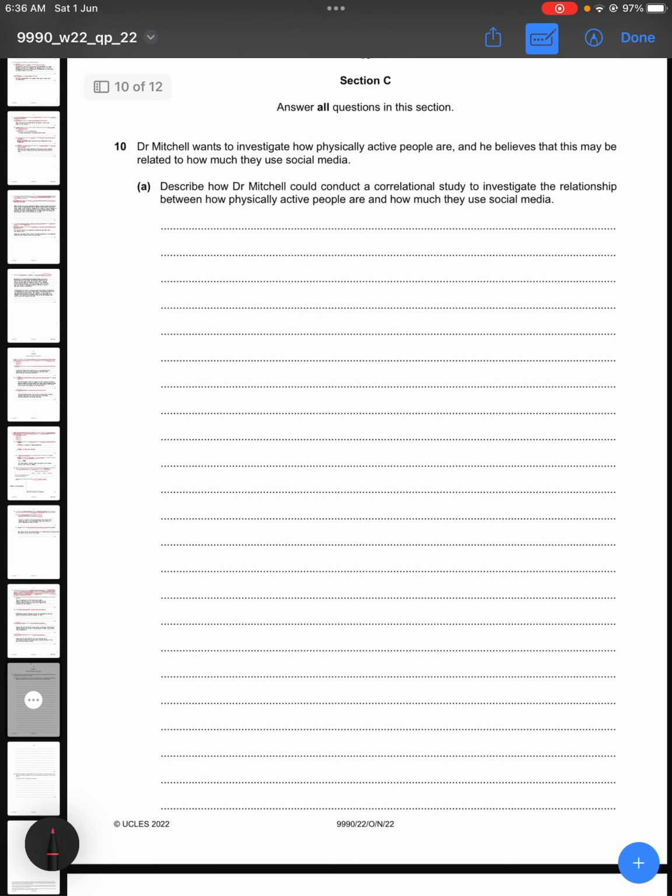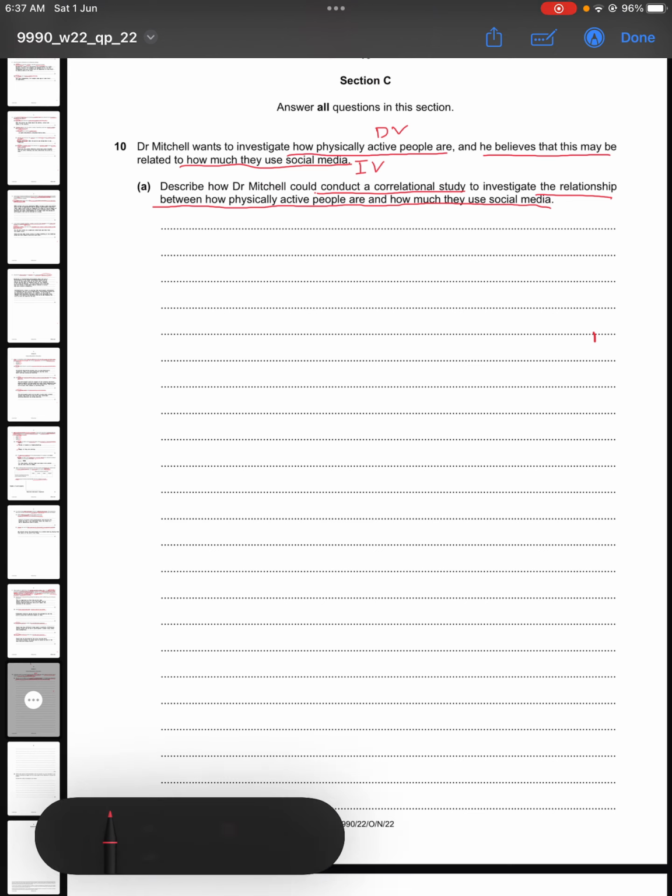Now, in question number 10, it says Dr. Michel wants to investigate how physically active people are, and he believes that this may be related to how much they use social media. So, how physically active people are is your dependent variable, and how much they use social media is your independent variable. And describe how Dr. Michel could conduct a correlational study to investigate the relationship between how physically active people are and how much they use social media.